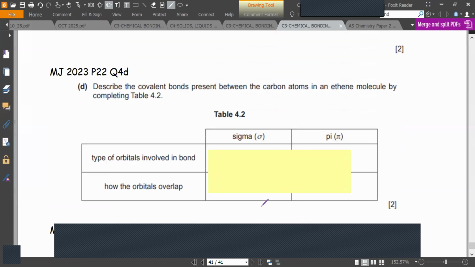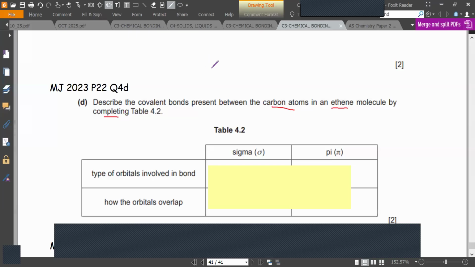Then this one: describe covalent bonds present between carbon atoms in an ethene molecule by completing table 4.2. So it's kind of like this. This ethene, two carbon alkene, sigma bond.